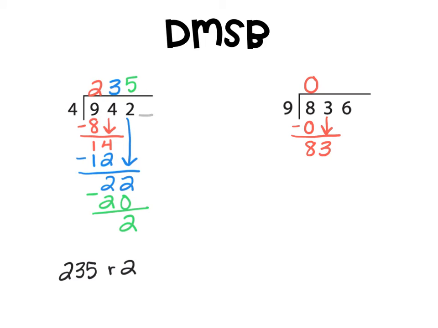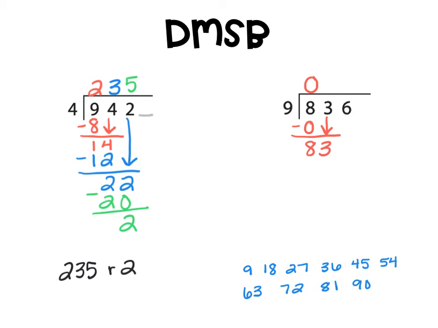When I'm looking at multiples of 9, I have 9 is the first multiple, then 18, 27, 36, 45, 54, 63, 72, 81, 90.